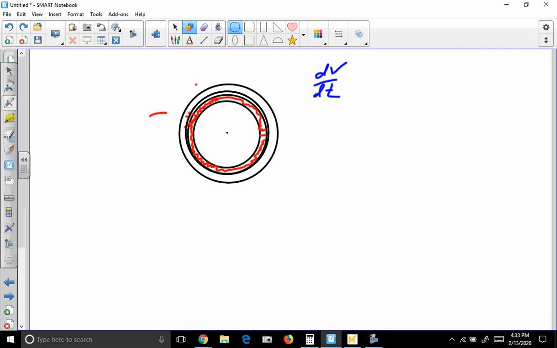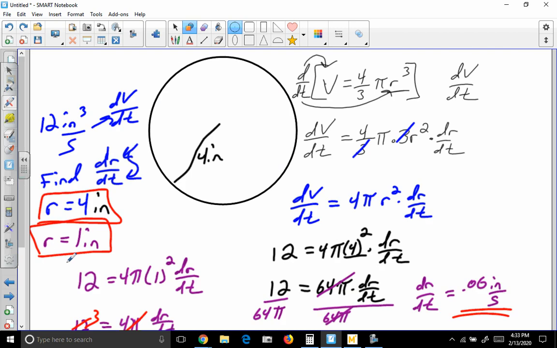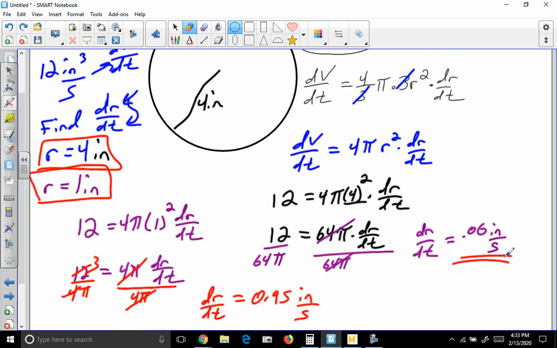If we wanted to increase our radius so that our volume is changing the same amount, we're not going to be changing our radius very much at all. So our rate at which the radius is changing is going to be a pretty small value. Let's look at another example.